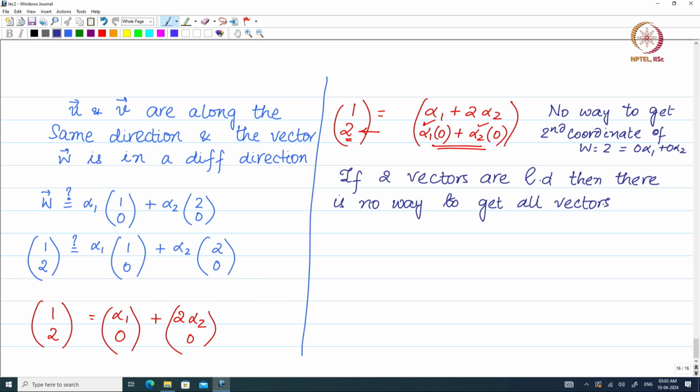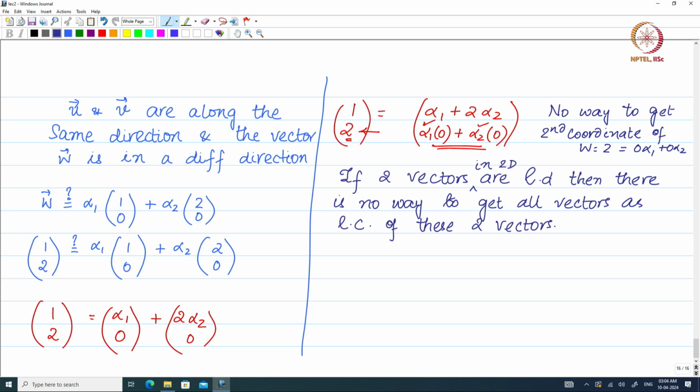Remember, we are just talking about 2D, where we assume that the vectors have only two components. If the two vectors in 2D are linearly dependent, then there is no way to get all the vectors as linear combinations of these two vectors. Right.